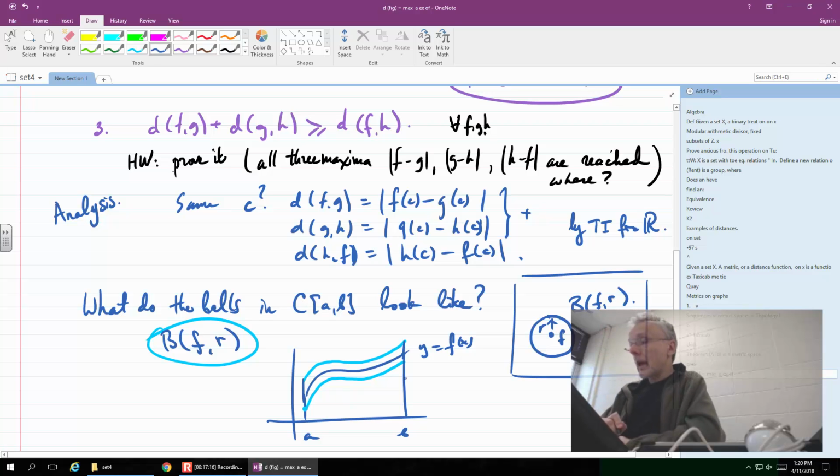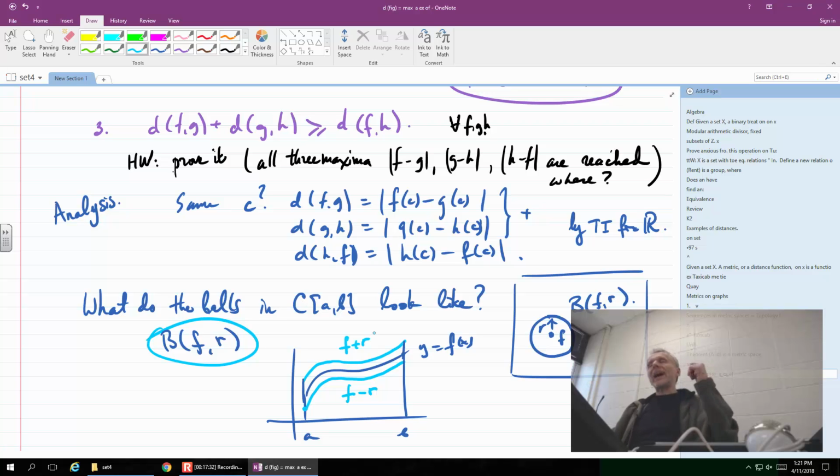So the bottom function is f minus R, the top one is f plus R, and the one in the middle is f. Which means that the top and bottom, at least those two functions, actually don't lie inside of that ball, because the ball has to have distance less than R. But that would certainly be a fact to take into account.